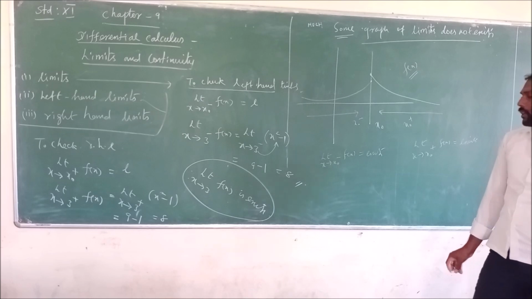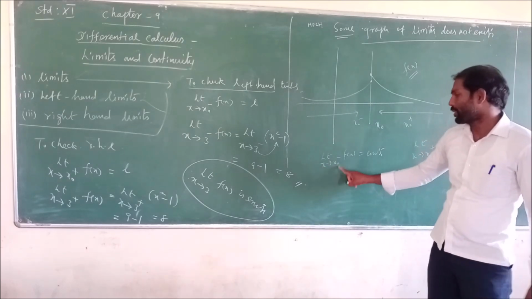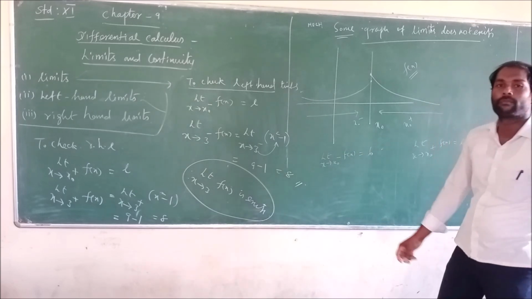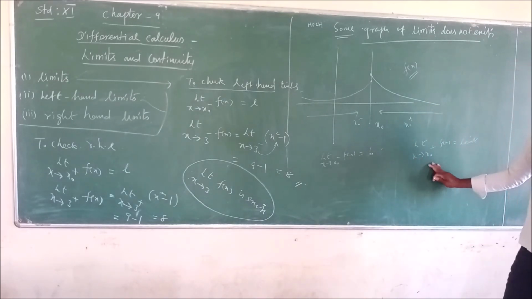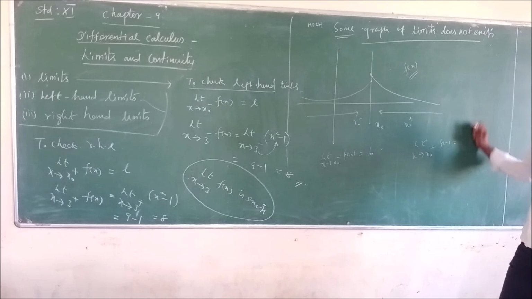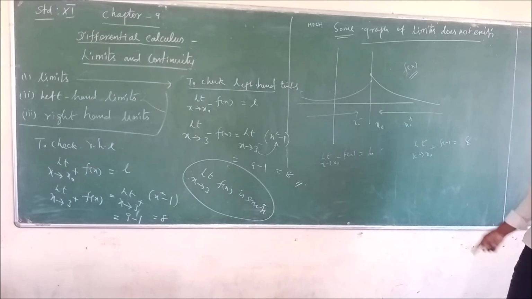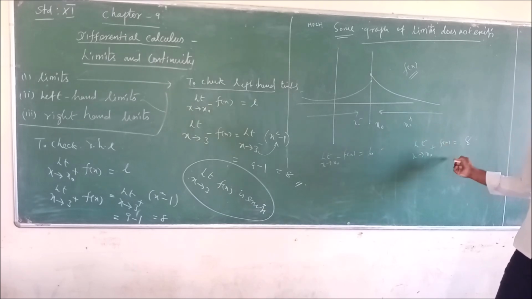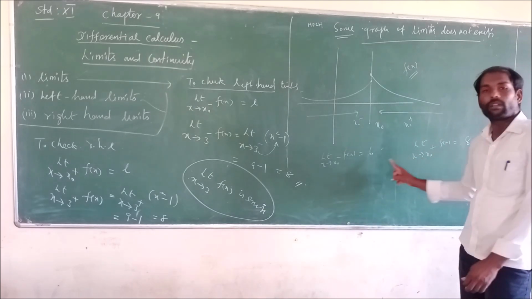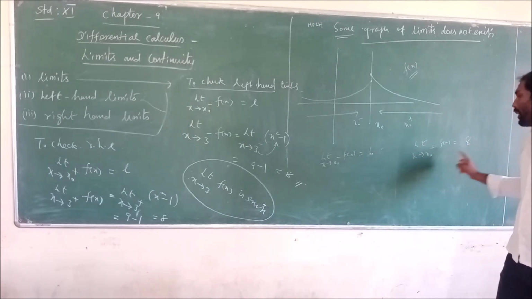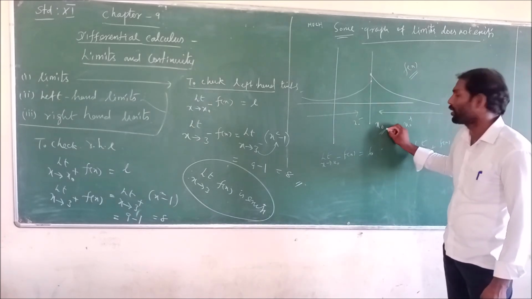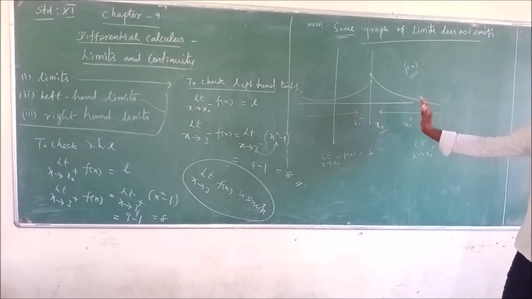For example, the limit from the left is 6 and the limit from the right is 8. Therefore, both the left limit and the right limit exist but are not equal. The values are 6 and 8. So at the point x naught, the limit does not exist.